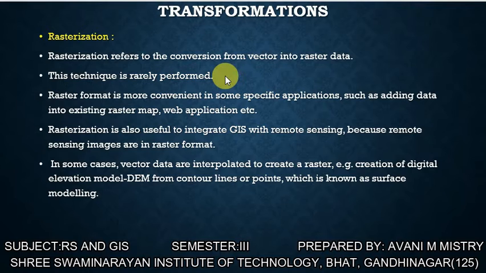In some cases, vector data are interpolated to create a raster. Example: creation of a digital elevation model, DEM, from control lines or points, which is known as a surface model.